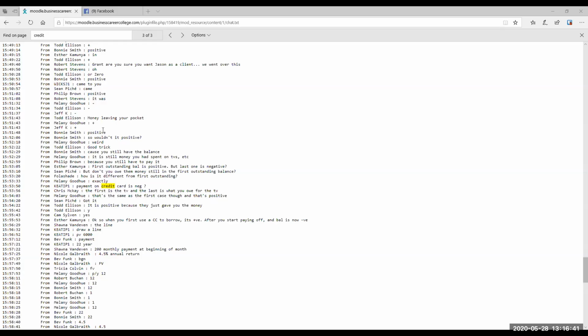So we start talking about it here. Bonnie and I had said positive for the debt balance. And then you had said no, actually it's negative. And we said, oh, weird. And you explained it. And then Bonnie said, isn't it positive because you still have the balance? And I said, it's still money that you have spent on TVs, etc. So wouldn't it still be positive?